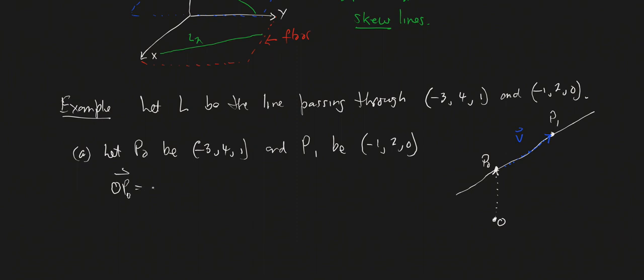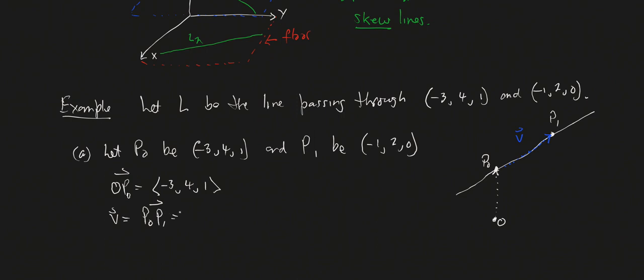OP0 is the vector, again going from the origin to this point, and the components of the vector are simply the coordinates of the point. And then V will be the vector P0 to P1, right? And that will give me the direction of the line. Just like how in your previous work with lines, you needed 2 points to find the slope.